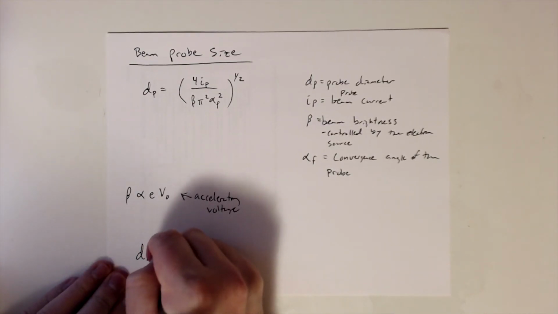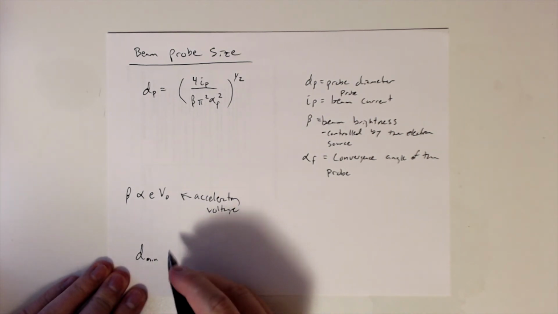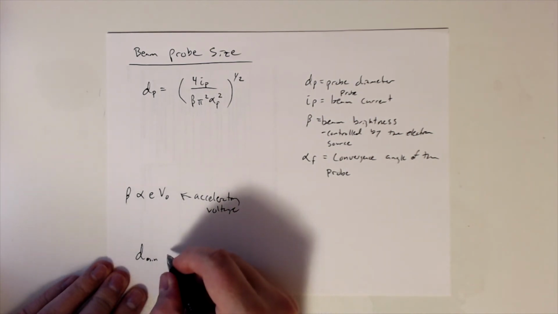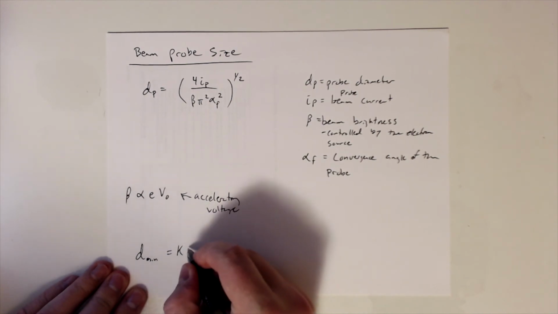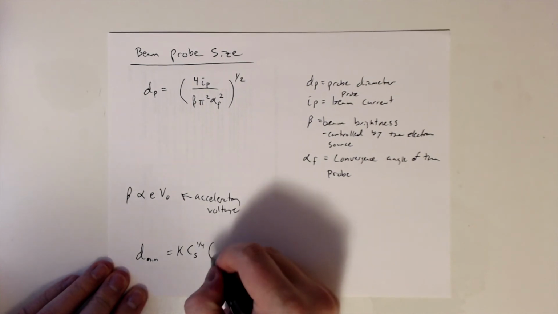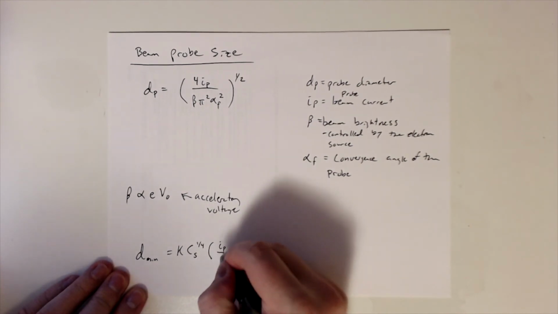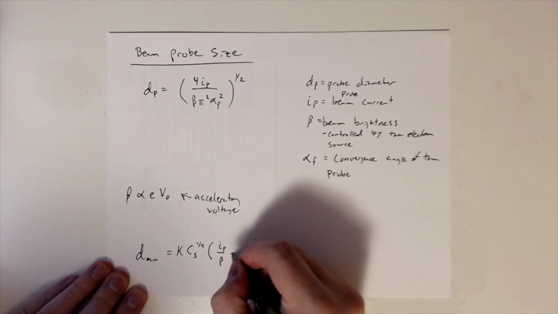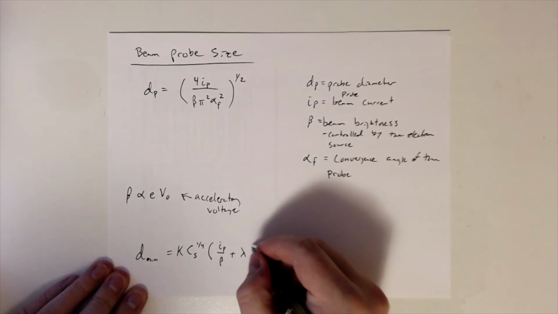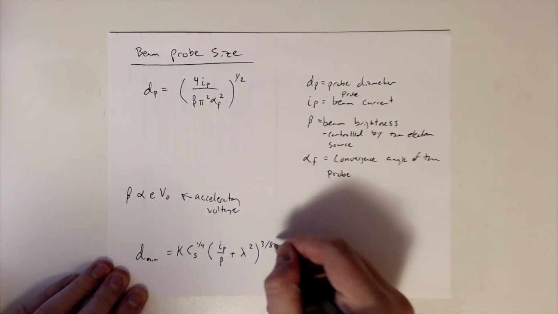if we consider some of those factors in, we can get to a minimum diameter, and this is equal to K Cs to the 1/4, and then Ip over beta plus this lambda term, and then all of that is to the 3/8.